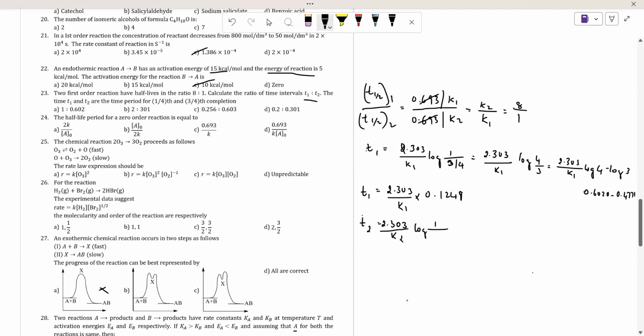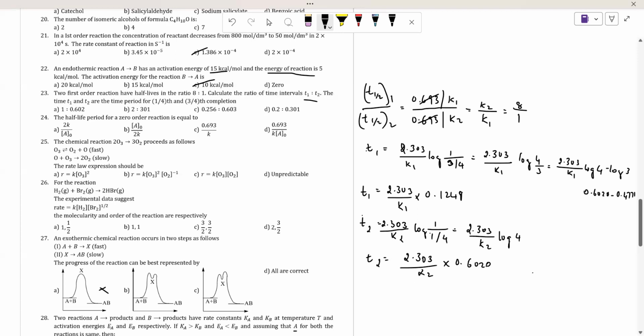The reactant left will be 1/4, so it becomes 1 divided by 1/4. On simplification, you get 2.303 by K2 log 4. Log 4 is 0.6020, so T2 is equal to 2.303 by K2 into 0.6020.